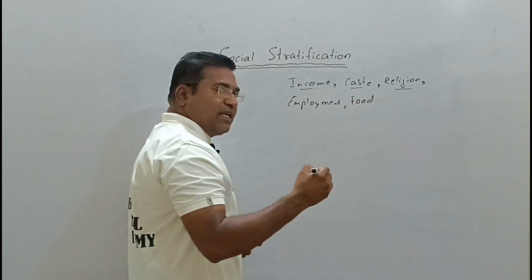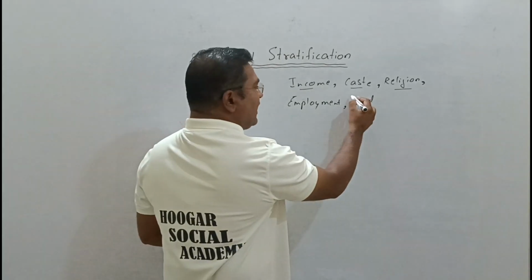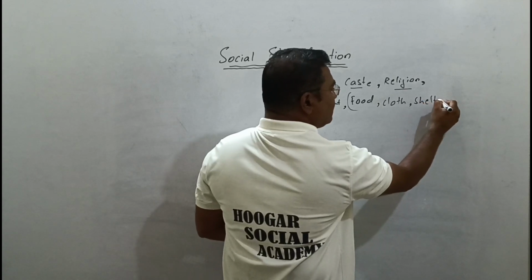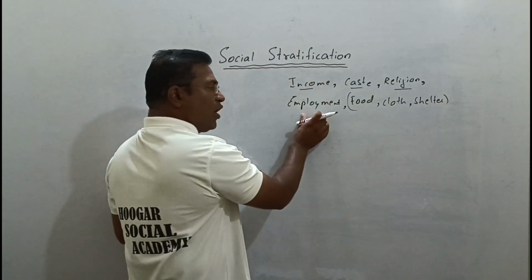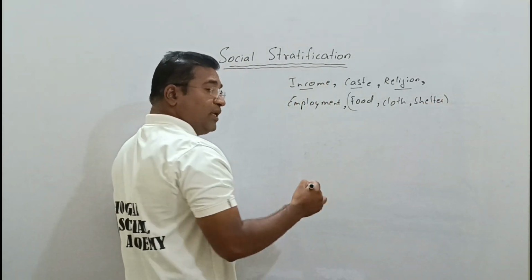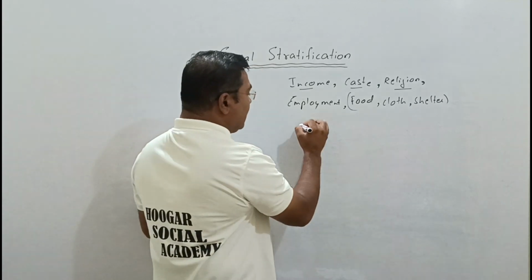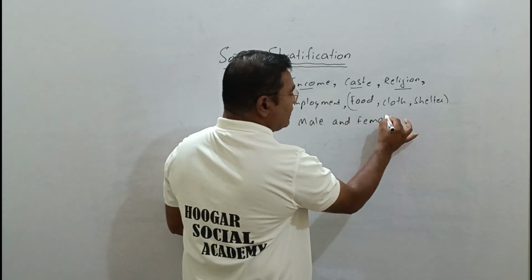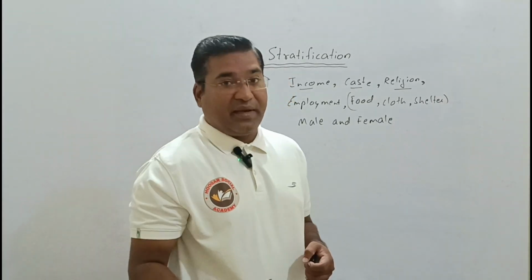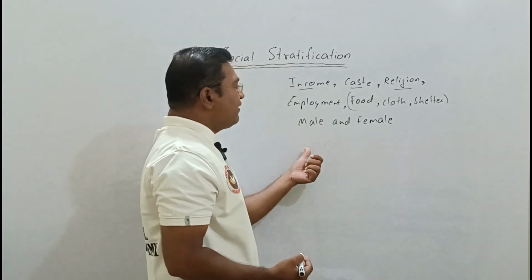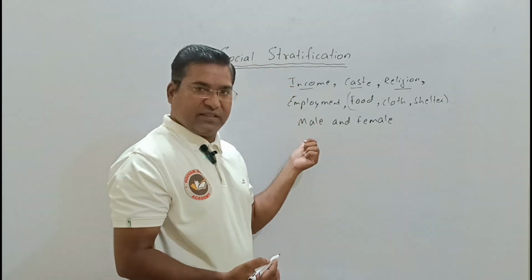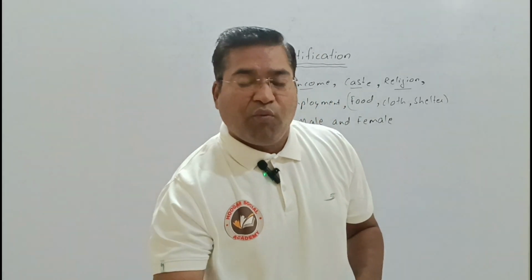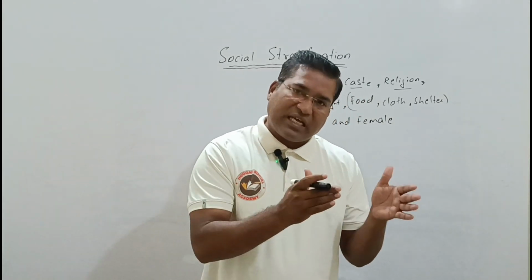We are divided in the name of getting facilities like food, clothes, shelter, and employment. Moreover, we have even made divisions in the name of male and female. In this whole chapter, we are going to learn in what different forms this classification is done.